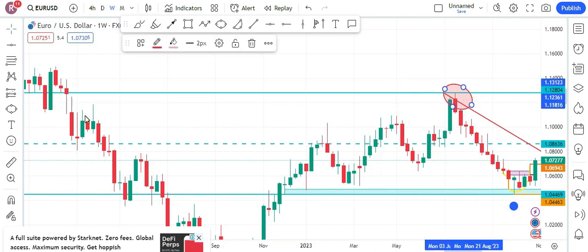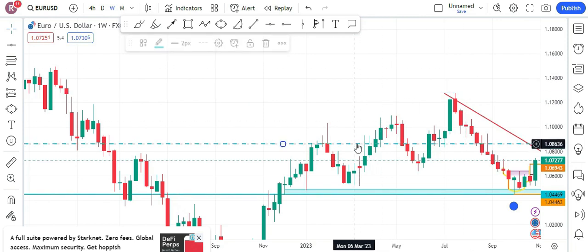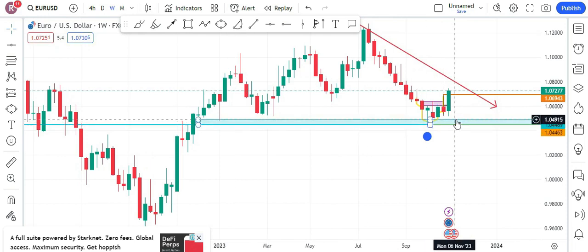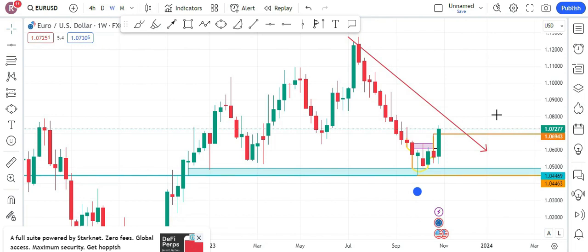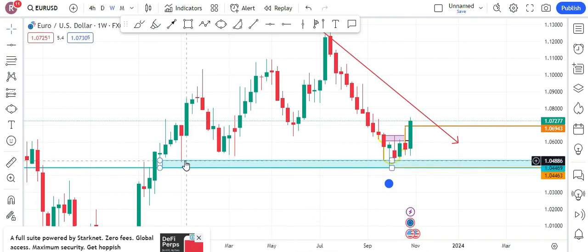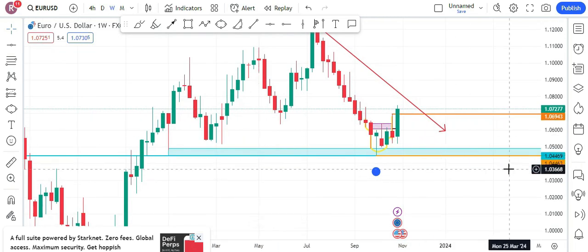So I beg your pardon, last week I put the weekly top boundary here, it has to be removed, but of course the double bottom is here. And in the weekly time frame we can see it is still in a downtrend, so that is the information we have at the moment. So this is the reason for the double bottom in the week.